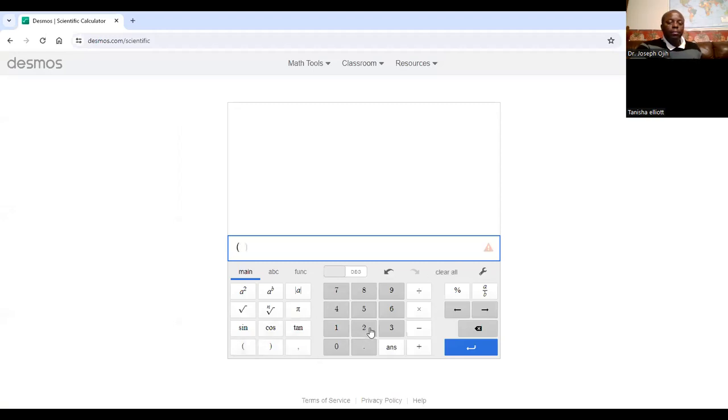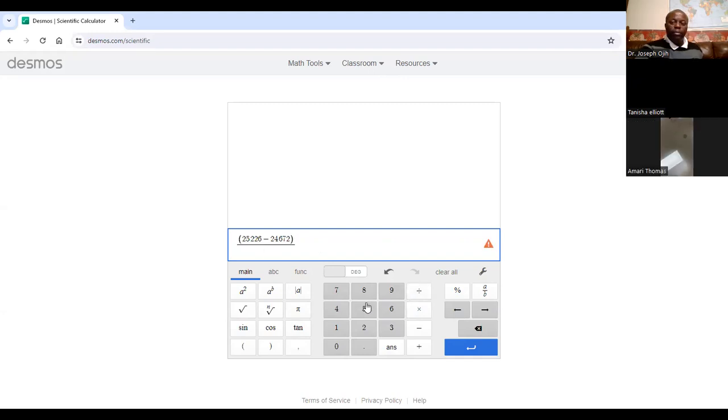25,226 minus 24,672, okay, 24,672, divided by the standard deviation of 3251 over the square root of 35.